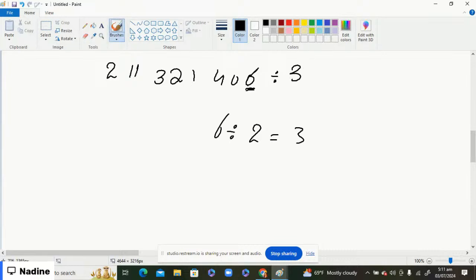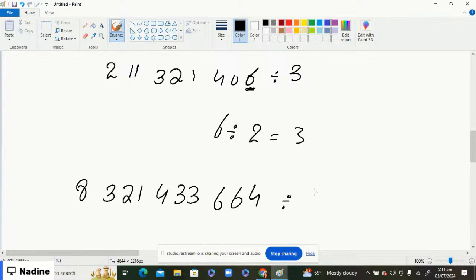We always check the last digits. Here it's 211,321,406, or any other number. Or you can say that it's 8,321,433,664.